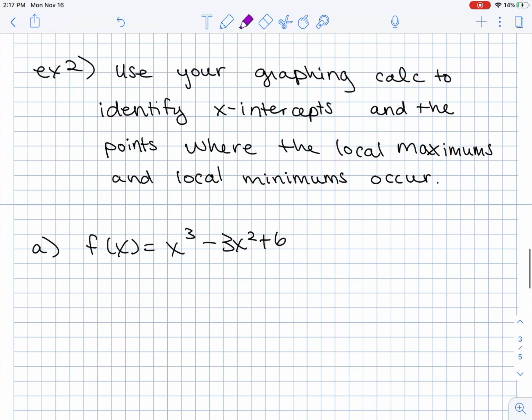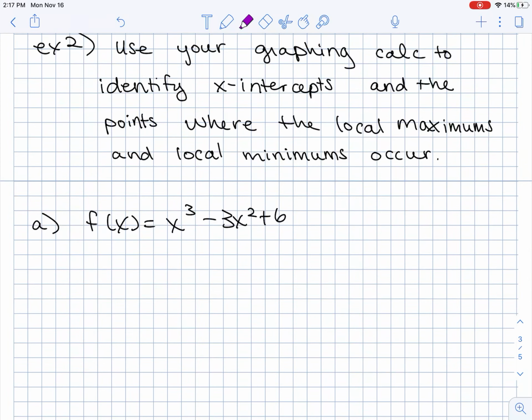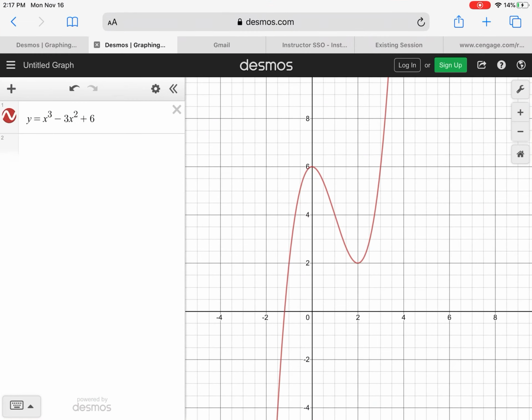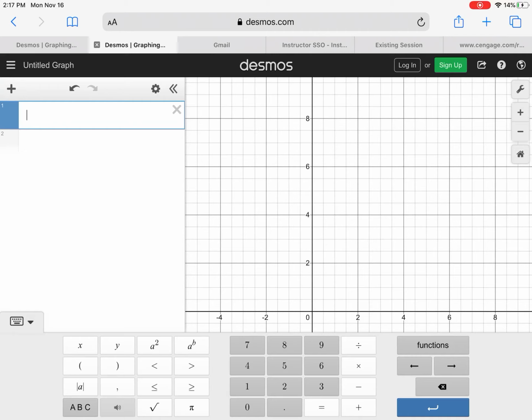Now we're going to use our graphing calculator to identify the x-intercepts and points where local maximums and minimums occur. If you're going to use your graphing calculator, you could also use Desmos. I'm going to show you what it looks like. Go to desmos.com, and type in the function that you want to graph.